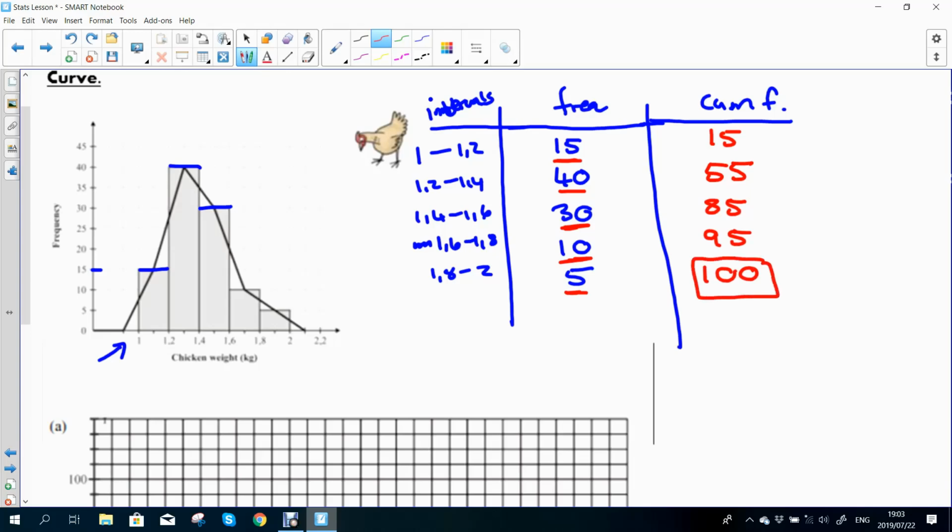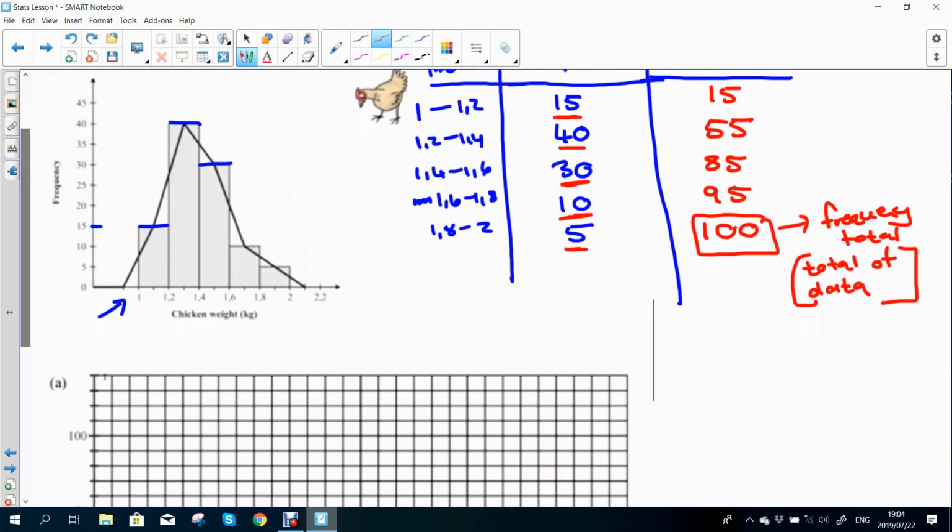This last value is your frequency total. It's also the total of your data. Okay, so if they don't give you the frequency table, guys, and they just give you the cumulative frequency, the total amount of people or the total amount of objects or things that you are adding, that is always the last little block within your cumulative frequency curve.